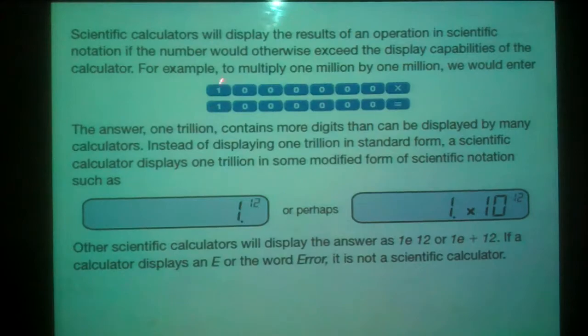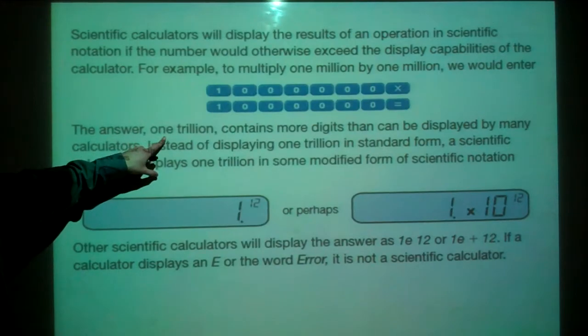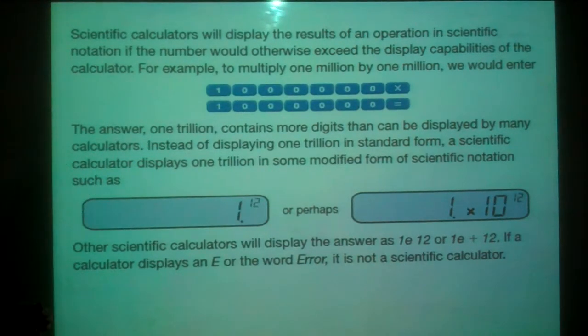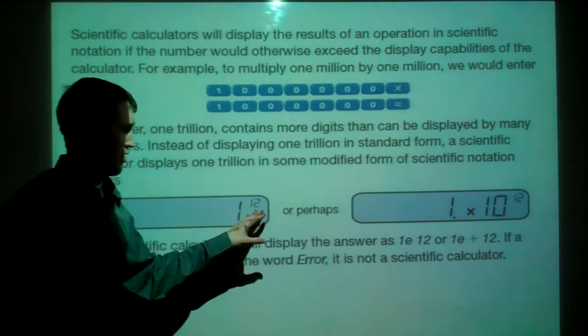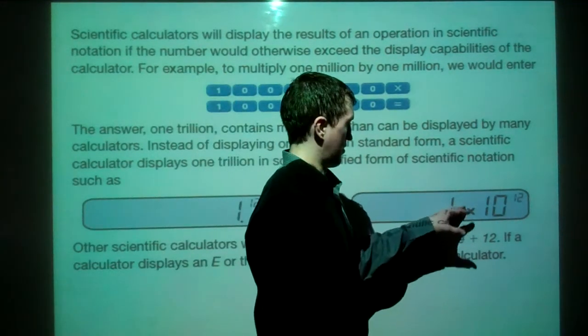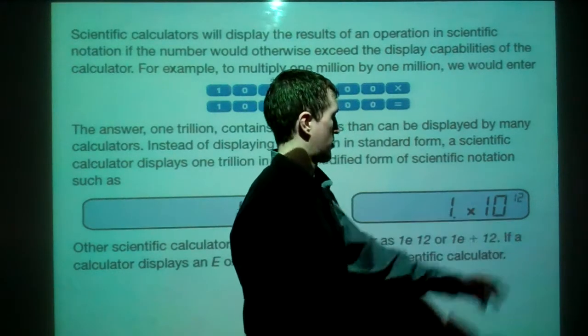For instance, if we take this number right here, 1 million times 1 million, the answer, 1 trillion, contains more digits than can be displayed by many calculators. So instead of displaying 1 trillion in standard form, it may use scientific notation. So this would be 1 times 10 to the 12th.